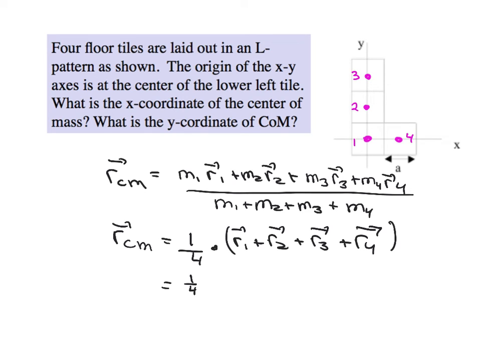If the tiles have a width A, I've just marked off the X and Y coordinates of the various dots on the figure. So this is 1/4 times: R1, mass number 1, is at 0, 0.